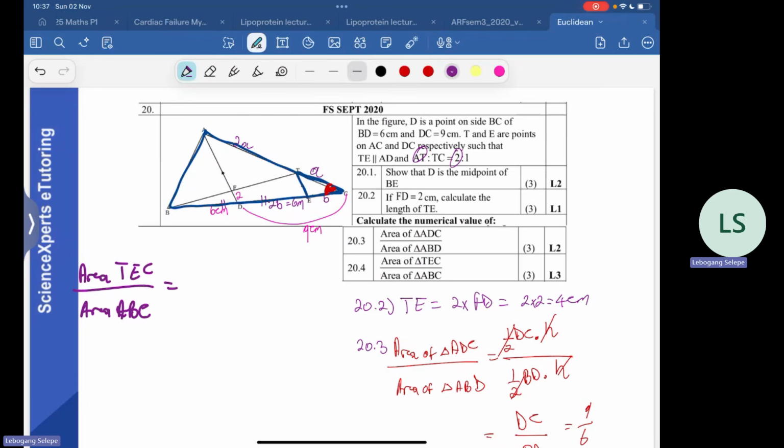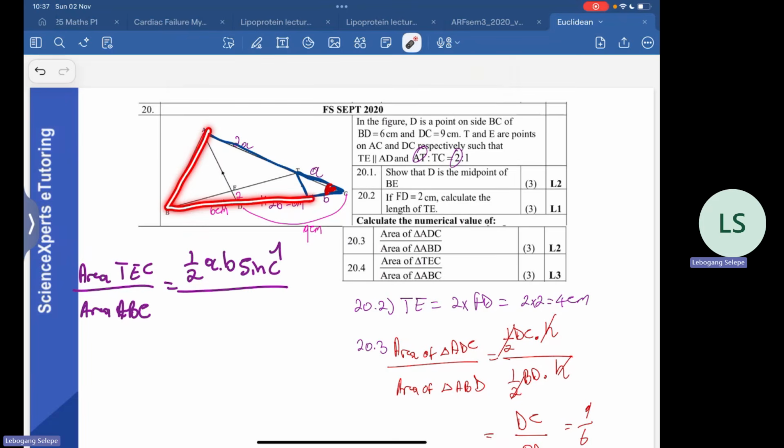So I'm gonna say area is half the small letter a multiplied by b, the sine of angle C, over now the bigger triangle. I'm still using this small angle here, C, so I'm gonna use the sides that include this angle. So it's this whole side and this whole one, right?